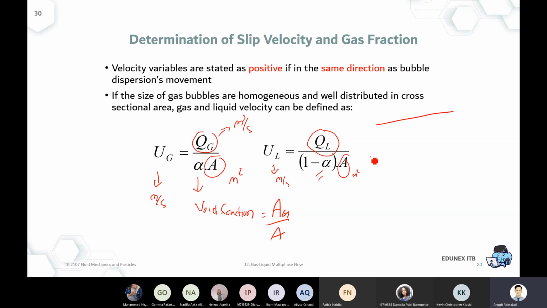So if you have liquid at the bottom and vapor at the top, that part represents the alpha, and that part represents the 1 minus alpha, the part where the liquid fills.